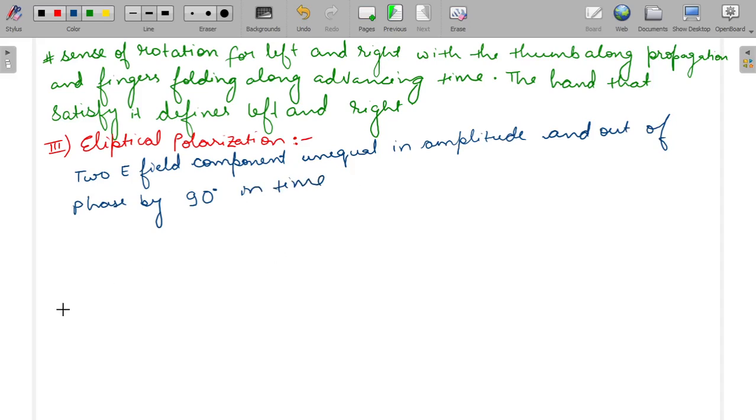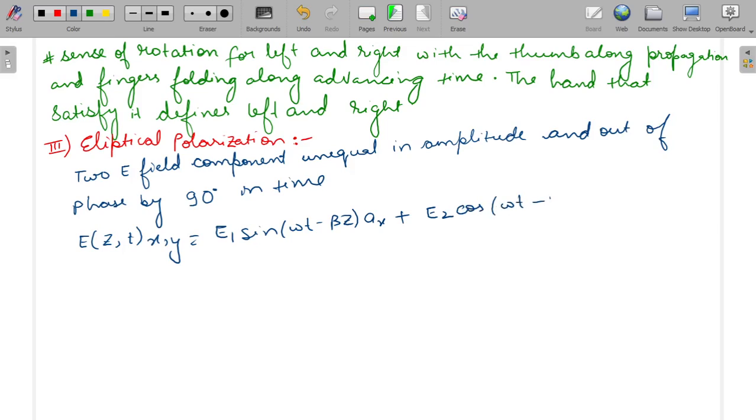So for this polarization, the example is given as E(z,t) in x and y. See, unequal in amplitude. So one has amplitude E1 sin(omega t minus beta z) in the x direction, and the other has unequal amplitude, that is E2, so E1 is not equal to E2, cos(omega t minus beta z). We take cos here because there is a 90 degree phase shift in time.